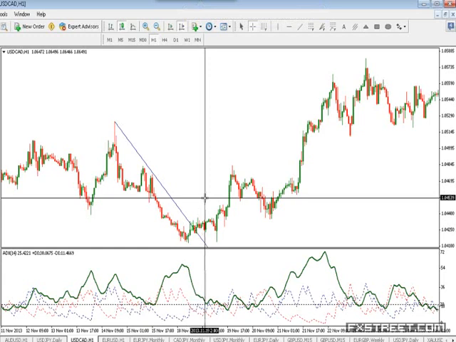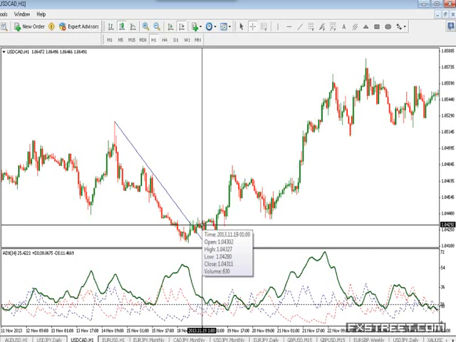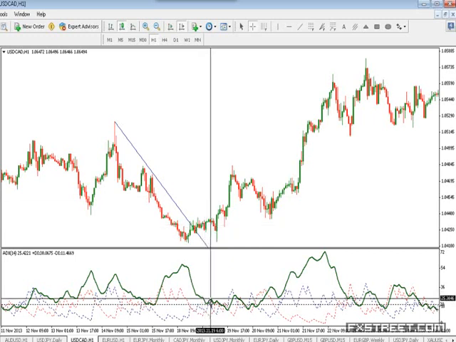Now, if you start getting into an uptrend, you can use the ADX as a timing indicator right over here. When price starts breaking or has broken the trend line, starts moving up, you look at the ADX, you see that the ADX is still moving down. So you would ideally want to take a trade when the ADX rises above 20. It moves below this 20 line, starts moving above.